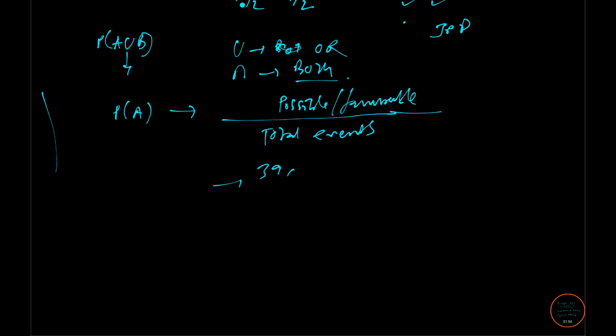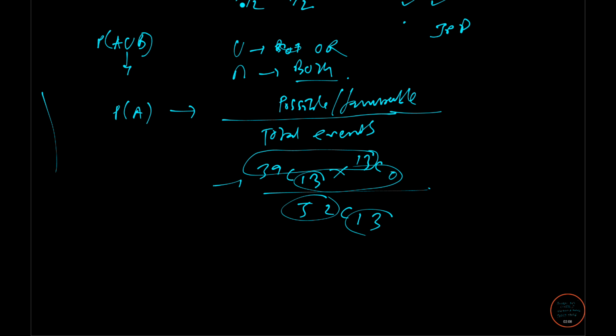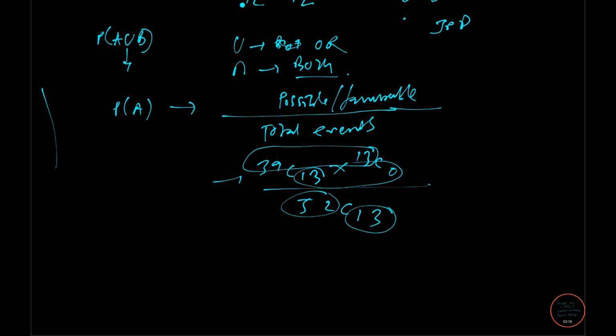For example, 39C13, 13C0 and 52C13. So there will be many answers like this. The cross-checking structure will be that the sum of these two will be this, the sum of these two will be this. So many things according to the probability pattern will be coming. So what do you mean by a natural assignment of probabilities?